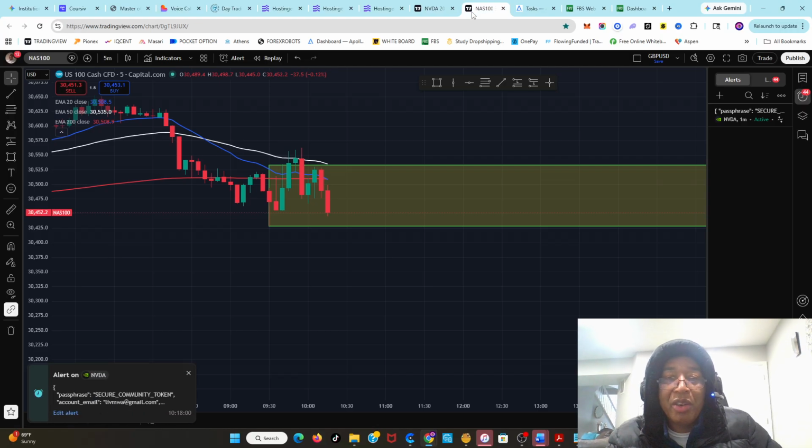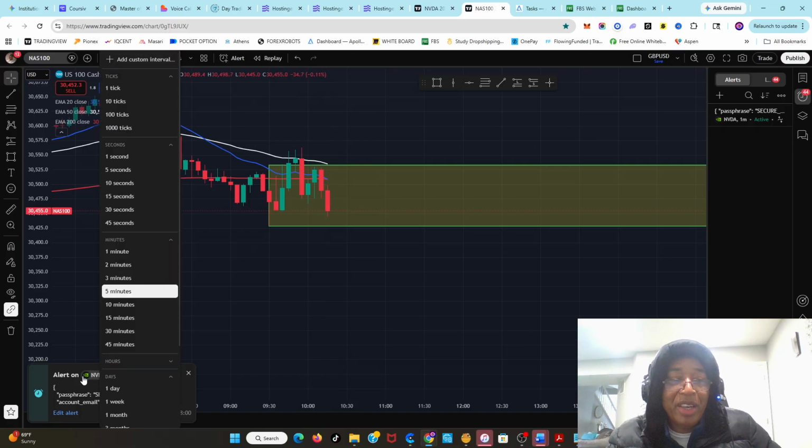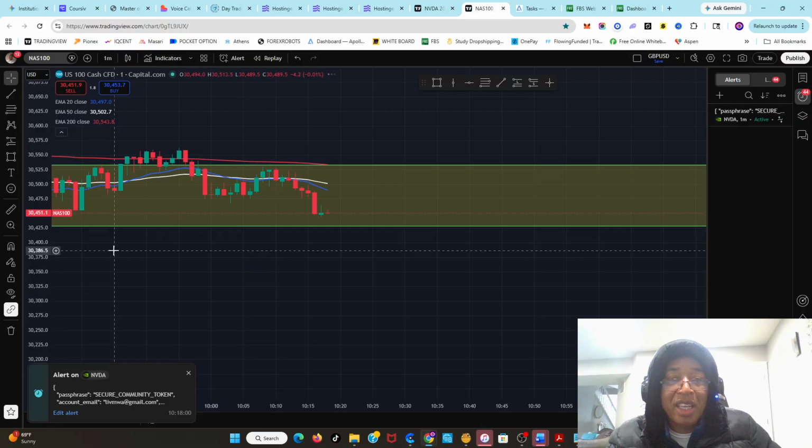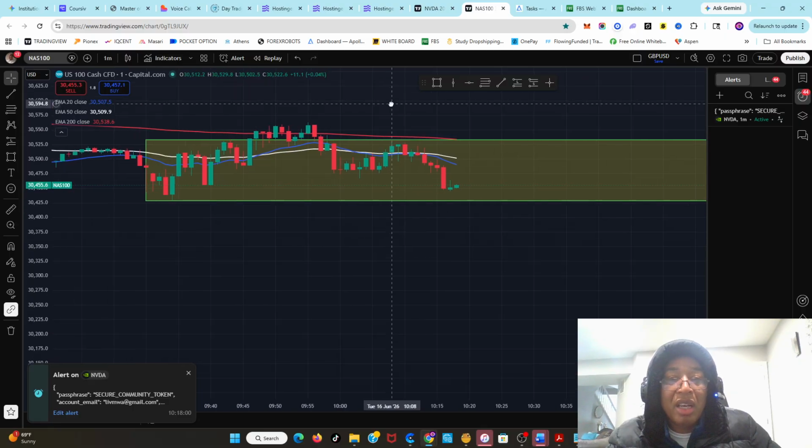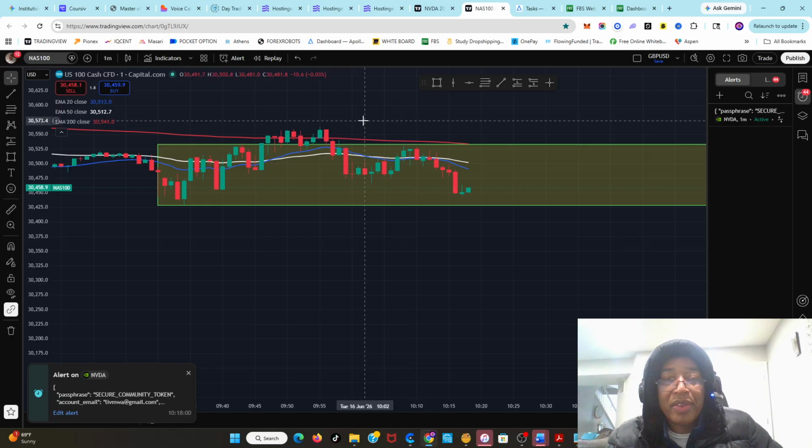Okay, let's see. Did we get a breakout? Whenever there's an alert like that, I get that noise. So we didn't get the breakout yet, but it's tending towards the bottom.